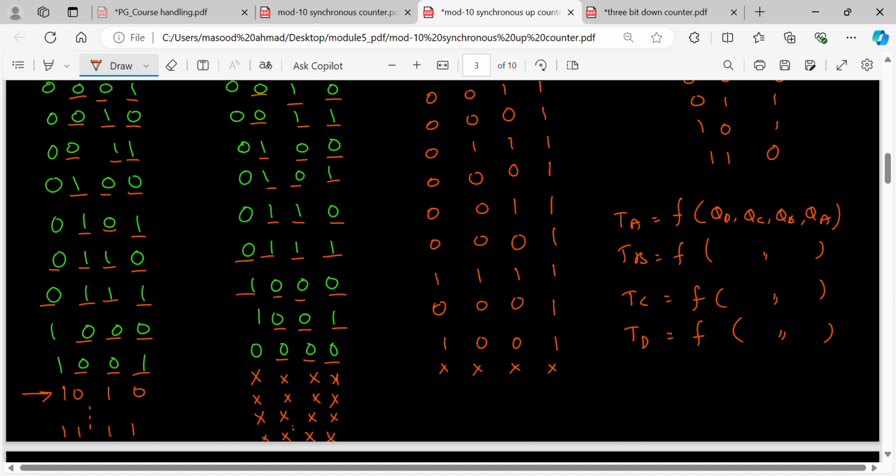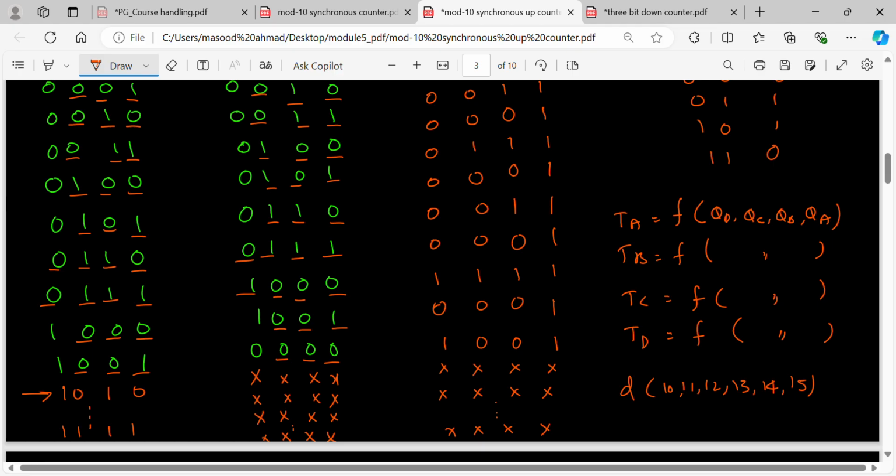So what exactly is required is this complete table data. In simple words, don't care terms are 10, 11, 12, 13, 14 and 15.